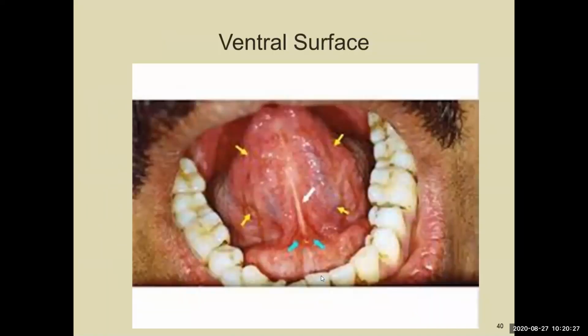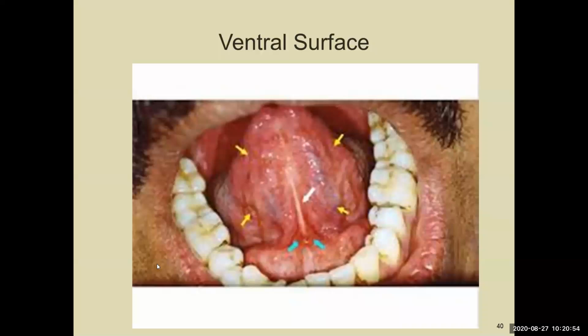Okay, so we've got somebody with their tongue sticking up here. This is the lingual frenum. You've got these two little circular areas called the sublingual caruncle. This here is the sublingual fold.